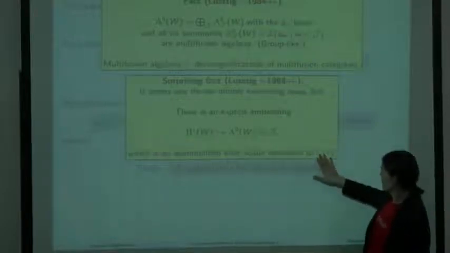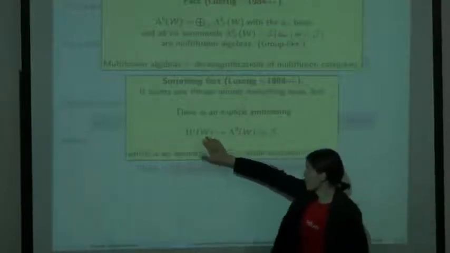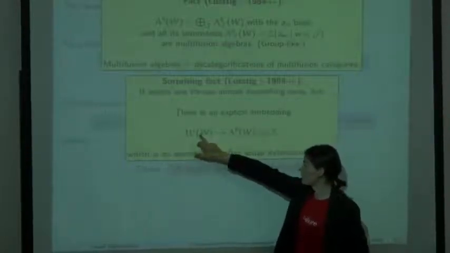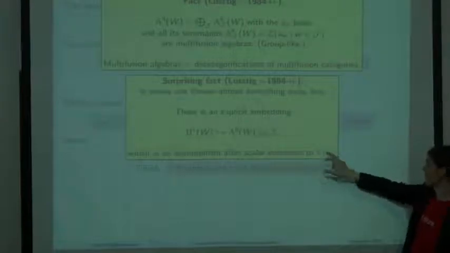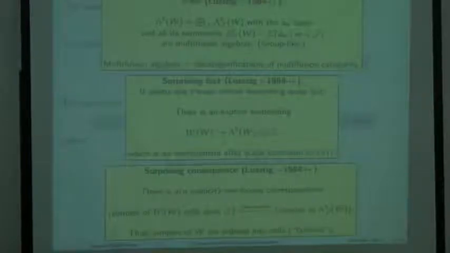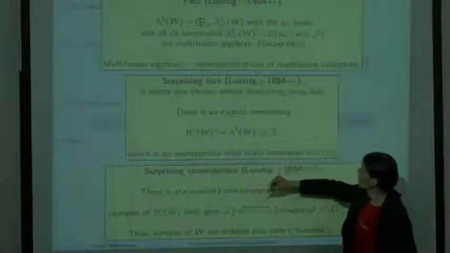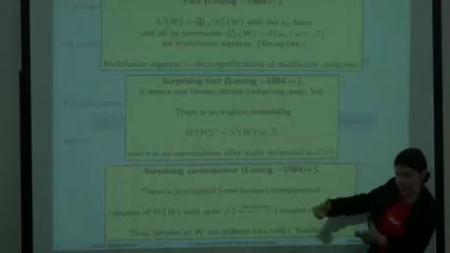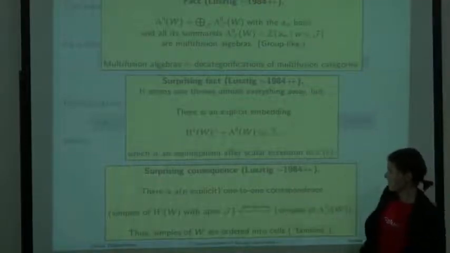Due to Lusztig. By the way, if you think about it over the field, then this is an explicit Wedderburn decomposition. So this is an explicit isomorphism, and an explicit Wedderburn decomposition of this beast, which is, of course, semi-simple over this ground field. Okay, so this is explicit. And of course, the consequence is that you can order the simples of this one by cells, because as you can see upstairs, this one is defined as a direct sum of different algebras supported on two-sided cells.